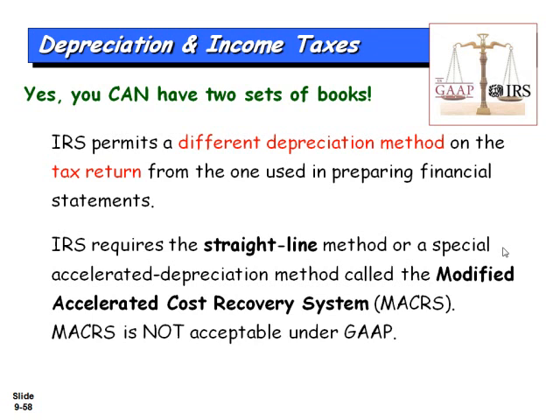The IRS requires straight line, which you could also be doing for your financial statements, but they do allow alternative methods, such as modified accelerated cost recovery, which is another form of an accelerated method, in the same way that declining balance is an accelerated method. It's called MACRS, M-A-C-R-S. MACRS is not acceptable under GAAP.